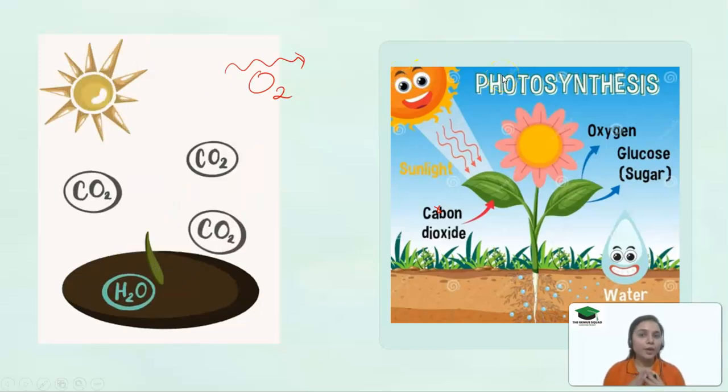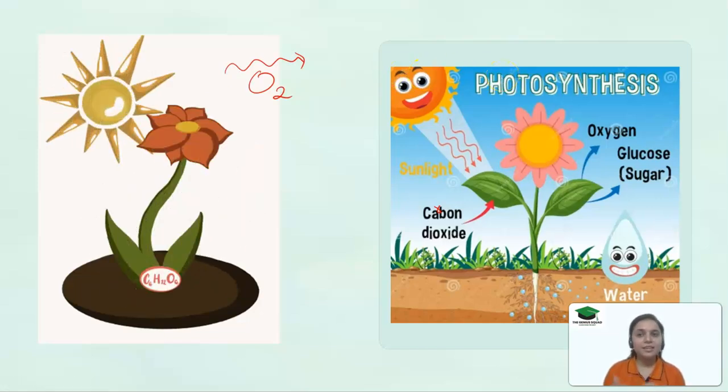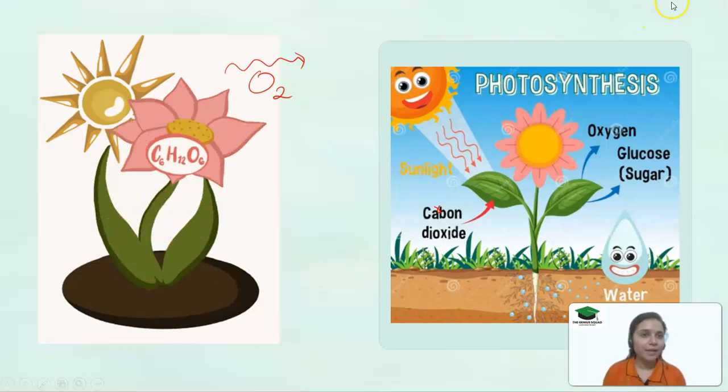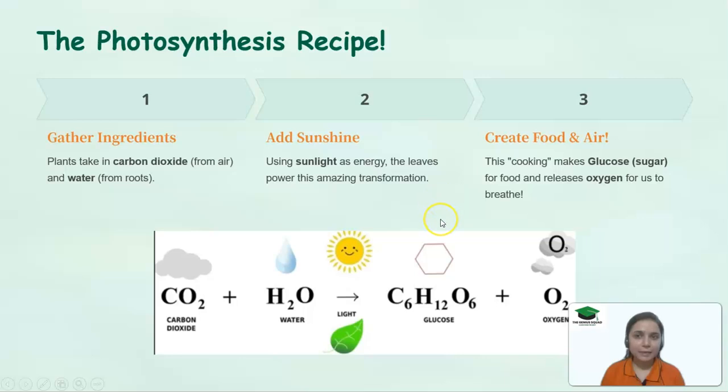Okay, now we were talking about chemical energy. Let us understand that with the help of a chemical equation. So students, see, this is the photosynthesis recipe going on inside the green plant. When carbon dioxide, CO2, from the atmosphere and water from the soil with the help of roots is taken up by the green plants, and in the presence of some sunshine, which is the light energy, inside a leaf.